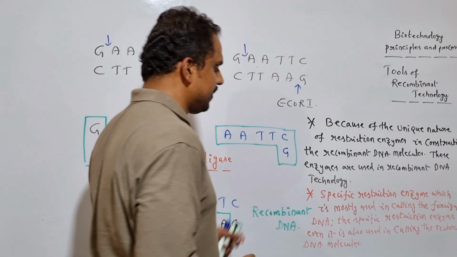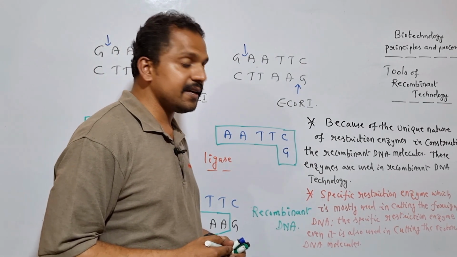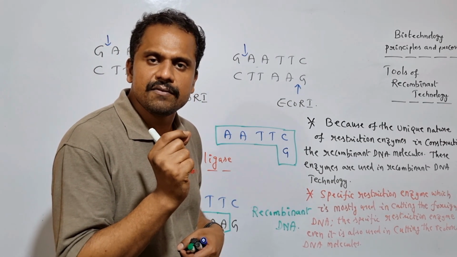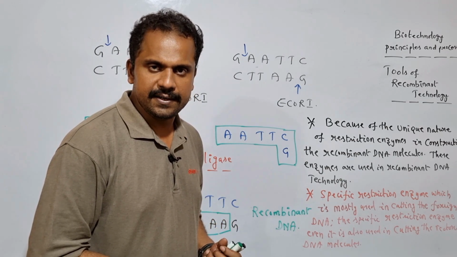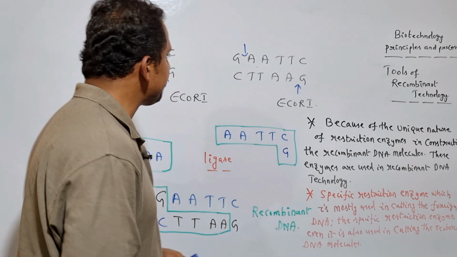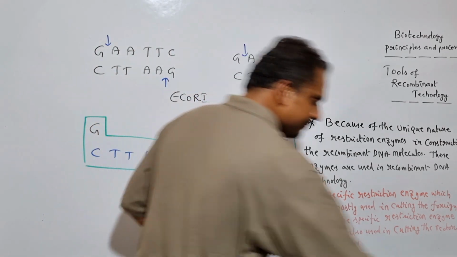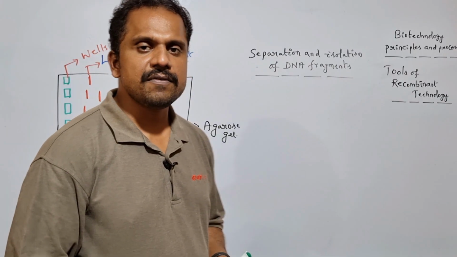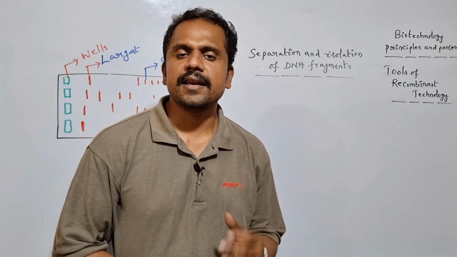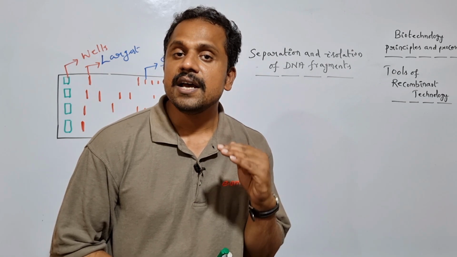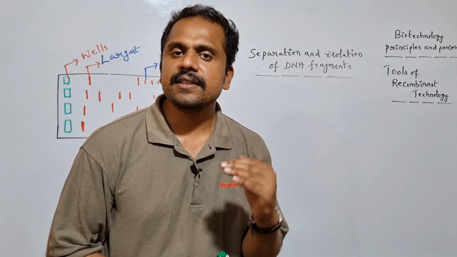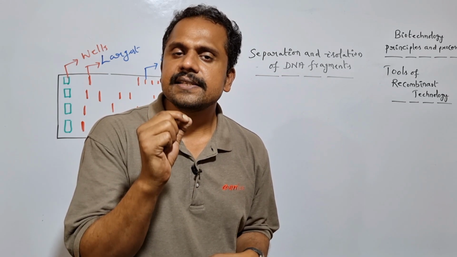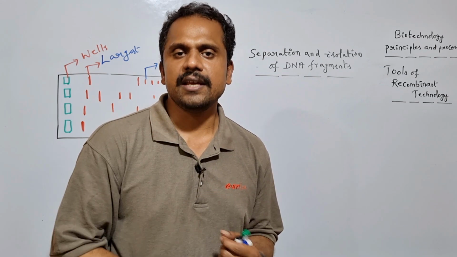Is it clear? So then after we will be studying regarding separation and isolation of DNA fragments by taking the advantage of gel electrophoresis in detail. Is it clear? So let me arrange the things here. So here, after the successful formation of recombinant DNA by taking the advantage of restriction enzymes and even the DNA ligase, now here the recombinant DNA plasmid is inserted into the E. coli host.